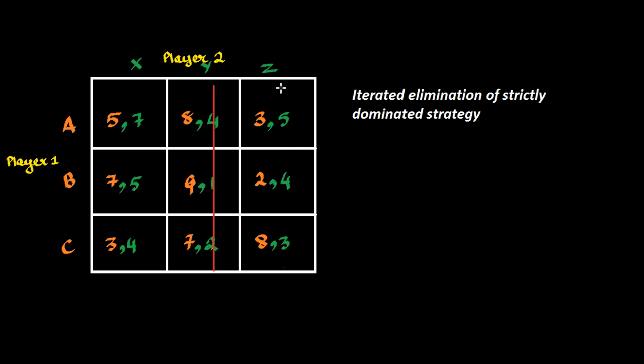So player 2 is never going to play Z. He will always play X.